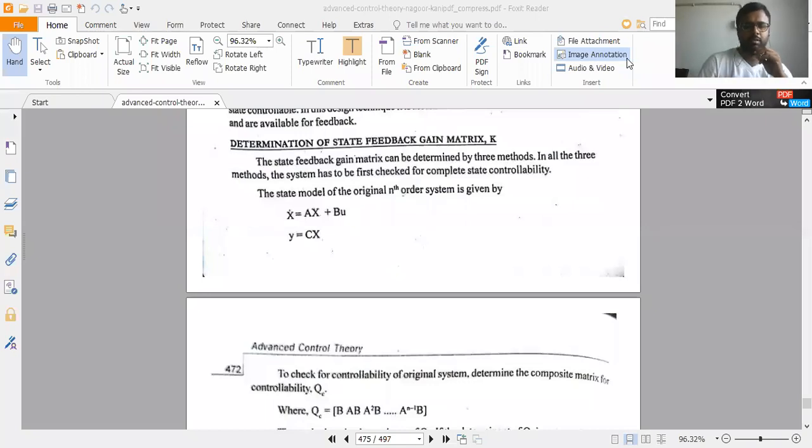So, in the previous class, we have seen how to design a state feedback controller.